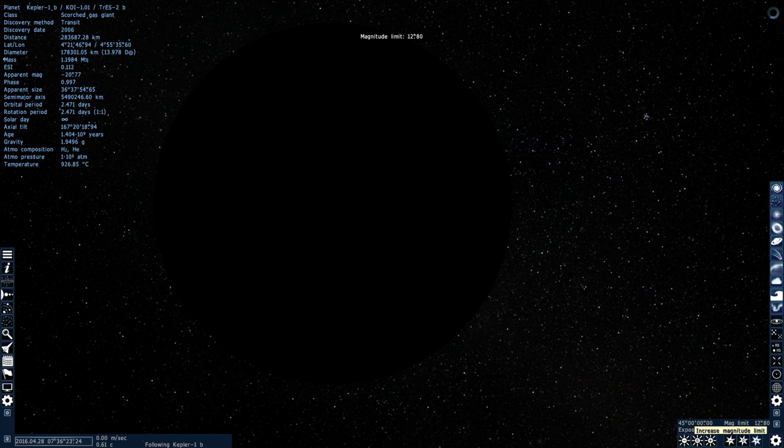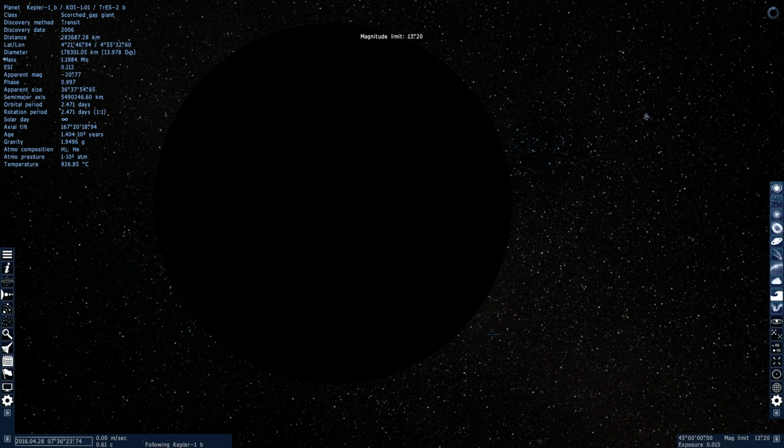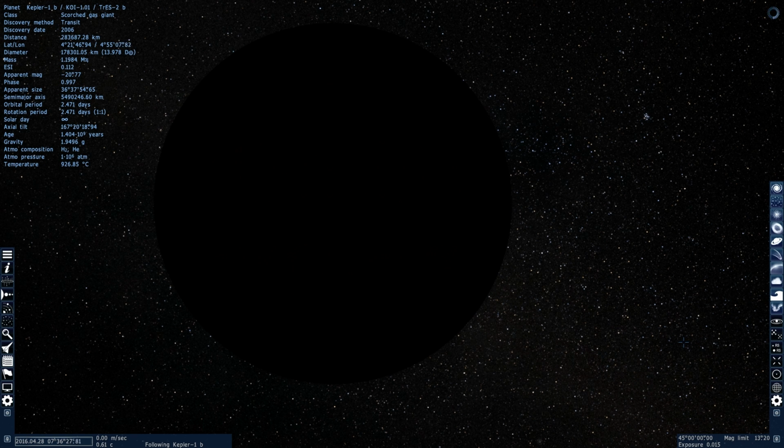Now, this is kind of what this planet looks like in reality. It is that dark. It is basically a dark blob in the middle of space. And if we were to actually try to land here or try to approach this planet from the outside using whatever space devices we have in the future, spacecraft of course, we might actually crash on it because we might not even see it.